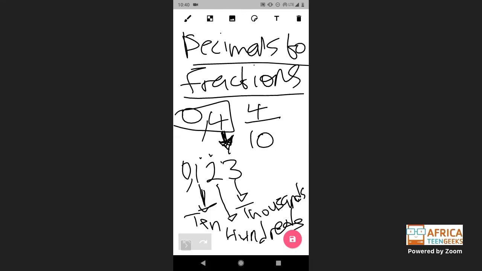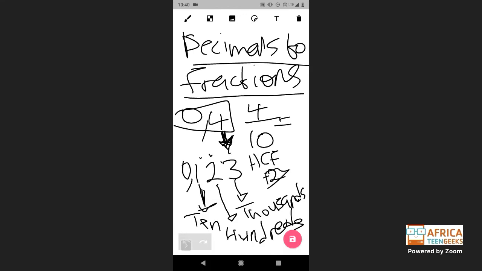But you can't keep your answer like this. You must simplify it. And when you simplify your answer, you must get your highest common factor. Ne? So let's simplify 4 over 10. What is our highest common factor for 4 and 10?